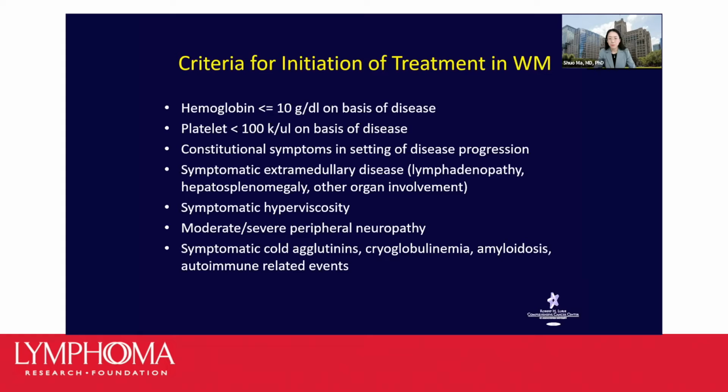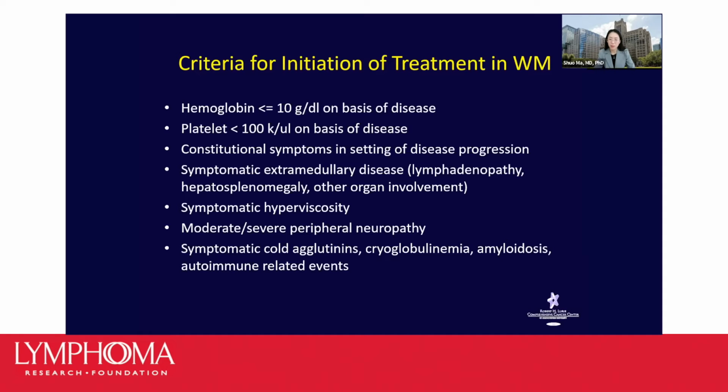Over a period of time, most patients do show progressive disease, and at some point they will require treatment. So here are some of the standard treatment criteria. The first two are related to the bone marrow function being impacted by the lymphoplasmacytic lymphoma in the bone marrow.